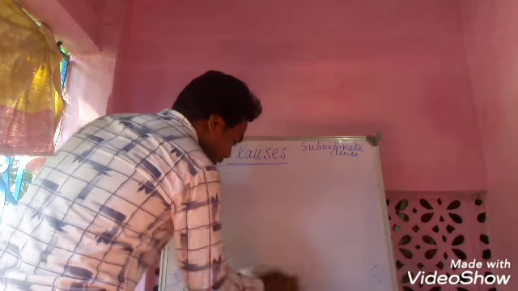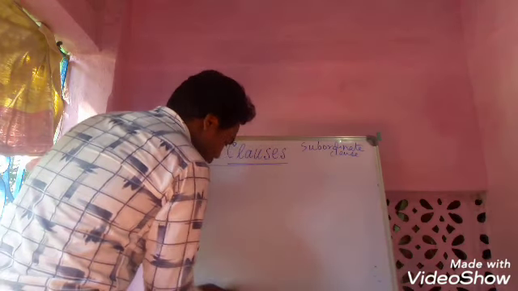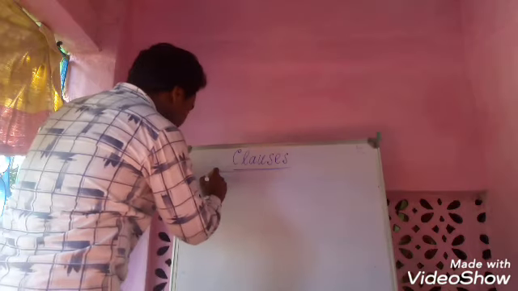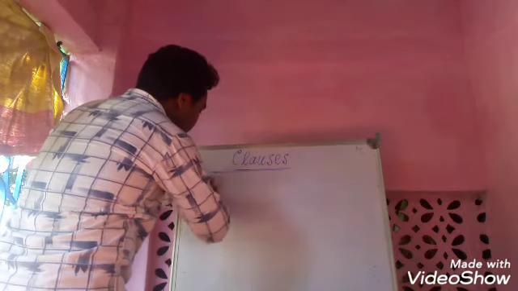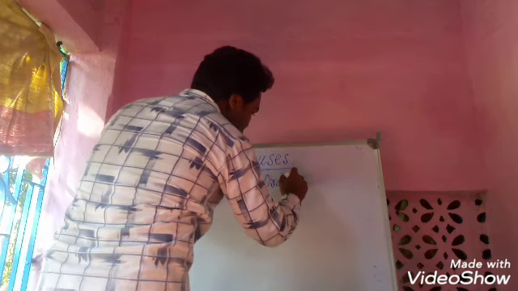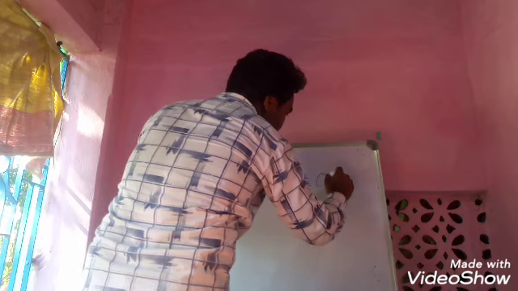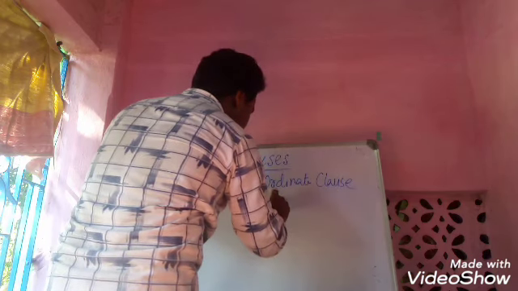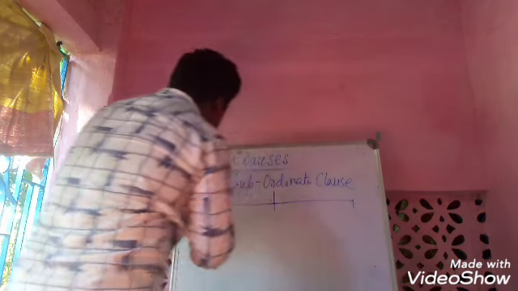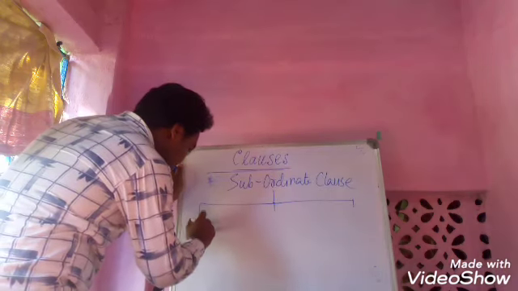Now, how many kinds of subordinate clauses are there? Look. Subordinate clause has 3 types. First, noun clause.